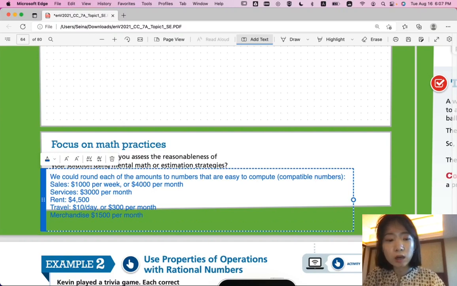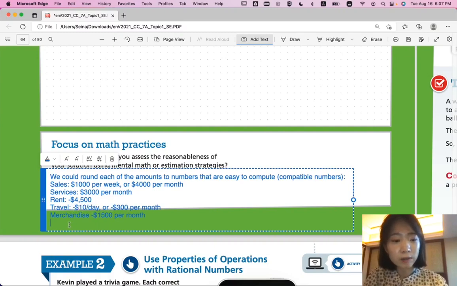And so adding, that's a negative, and that's negative, that's negative, and that's negative, and adding them, you get 4,000 plus 3,000 minus 300 minus 4,500 minus 300 minus 1,500 is going to be 700.